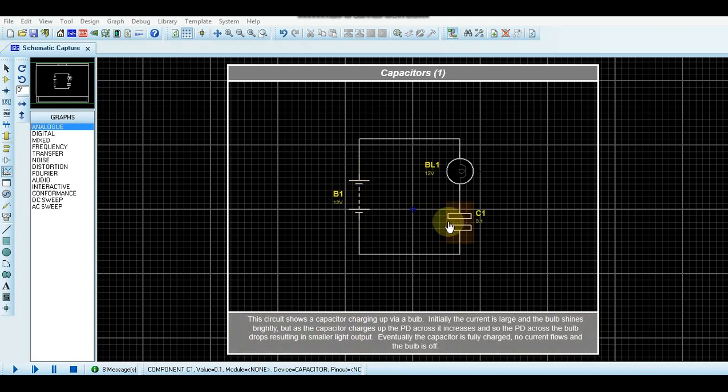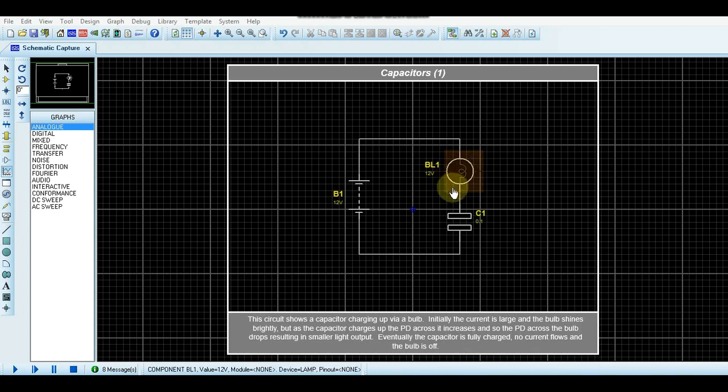Initially, since this capacitor is not charged, it has not accumulated any charge across it, so it behaves like a short circuit. And if it is a short circuit, the initial current flowing through this bulb is higher, and the power dissipation across this BL1 is higher.